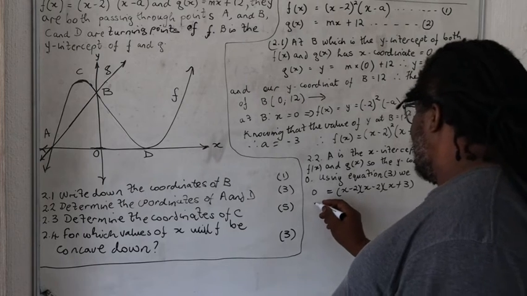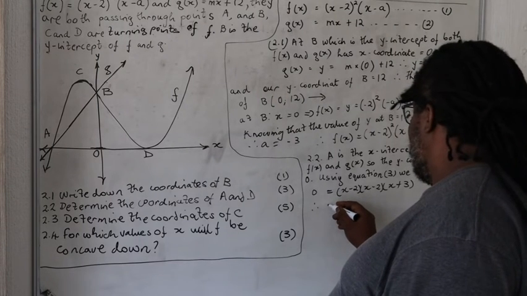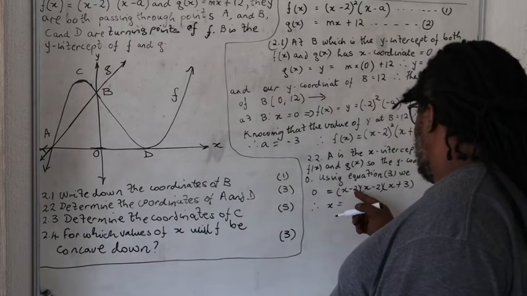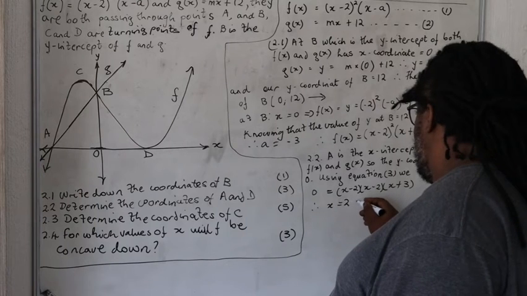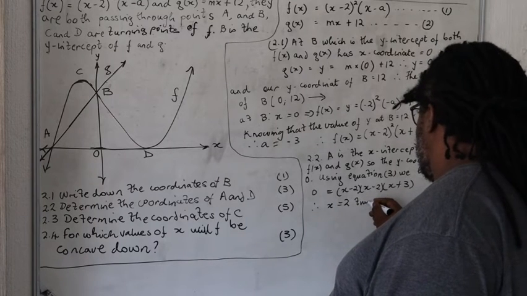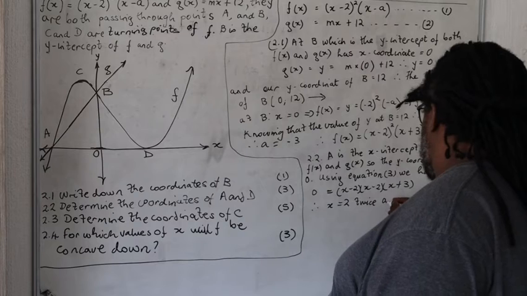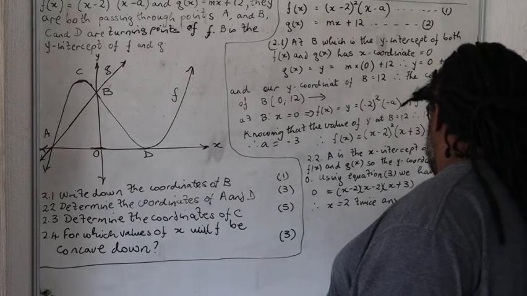So therefore, x is equal to 2 twice, and x is equal to minus 3.